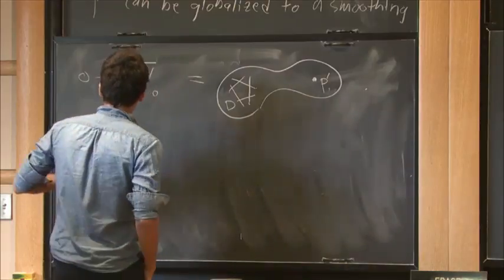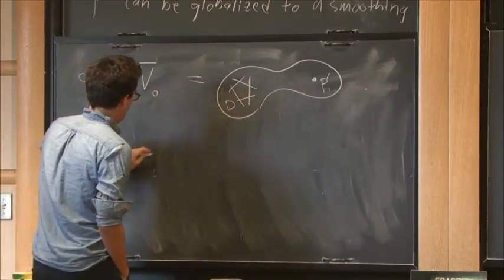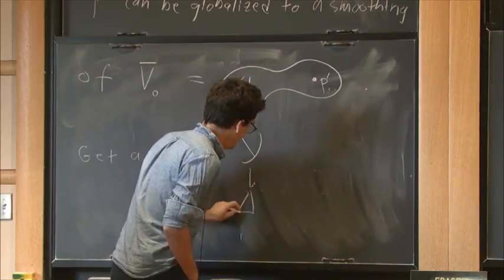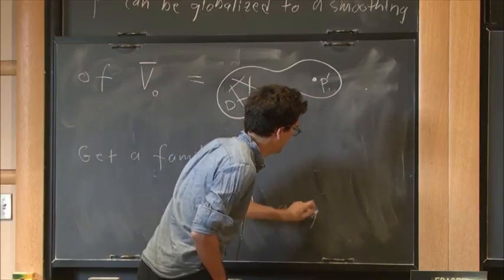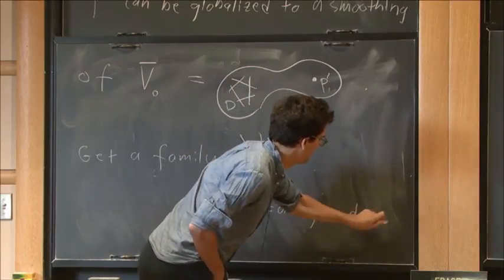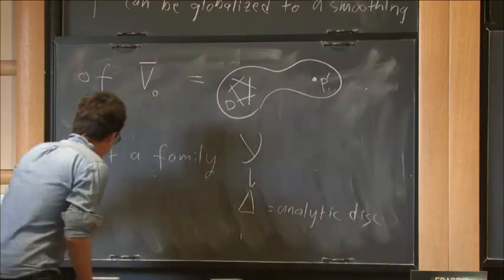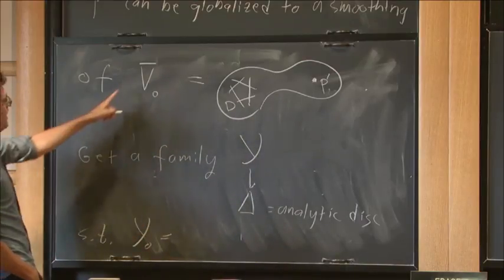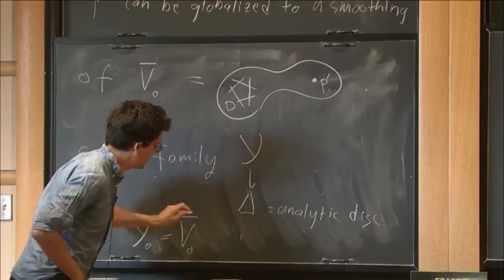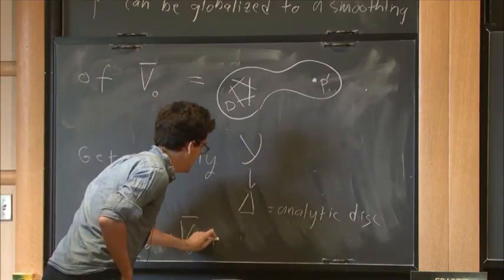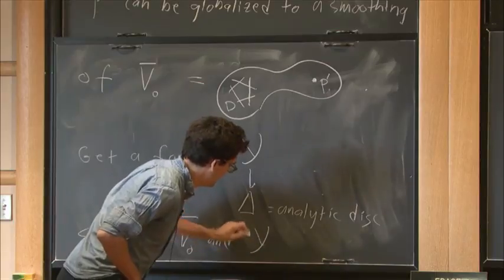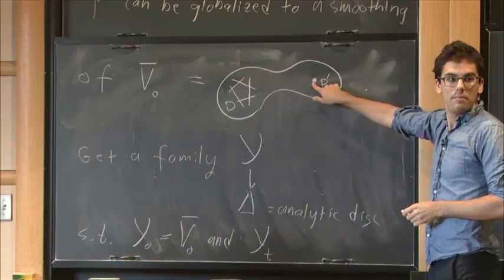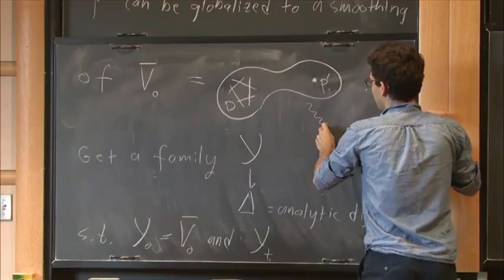But in particular, what we get is a family, I'll call it Y, over delta, an analytic disk, such that the central fiber, Y naught, is the partially contracted Hirzebruch-Jung surface, V naught bar, and the general fiber, well, if we smooth this P prime, so I'll use squigglies to indicate smoothings.